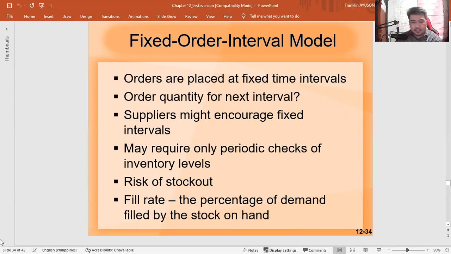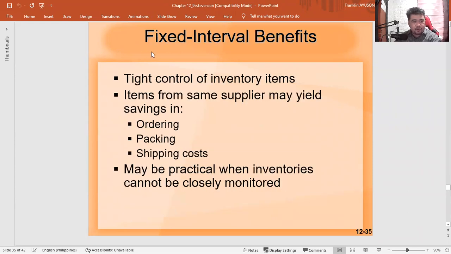Okay, so those are things that again, this time fixed interval model. Okay? However, moving forward, there are also some benefits of this fixed interval, okay, in which we are having tight control of our inventory items. Items from the suppliers may result in savings in terms of ordering, packaging, and shipping costs.